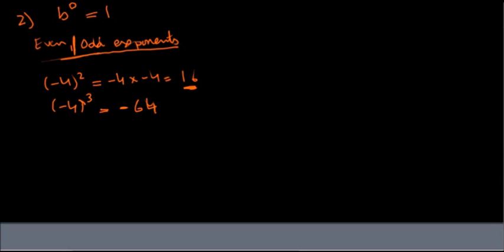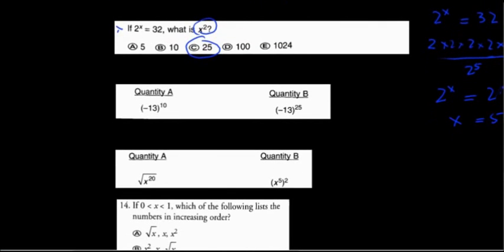Let's see a problem. So here we are doing this one. Quantitative comparison question, I have negative 13 raised to 10 in column A, negative 13 raised to 25 in column B. Here I have a negative number raised to an even power and to an odd power.